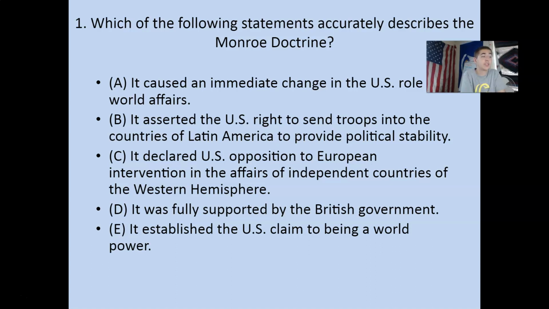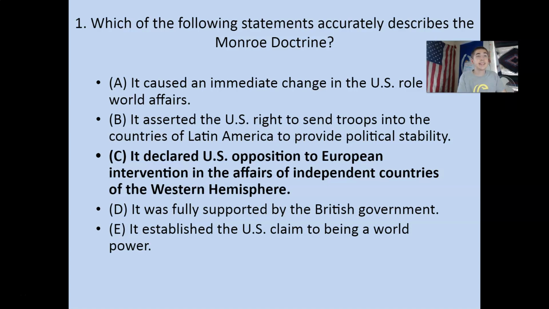D. It was fully supported by the British government. Or E. It established the U.S. claim to being a world power. The correct answer is C. It declared the U.S. did not support European intervention in the affairs of the Western Hemisphere.